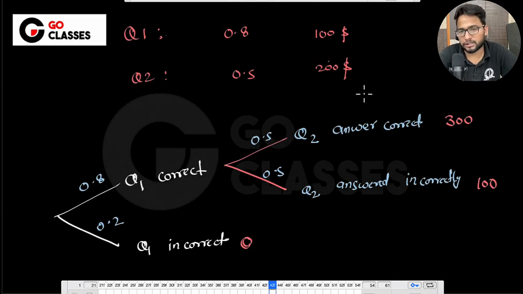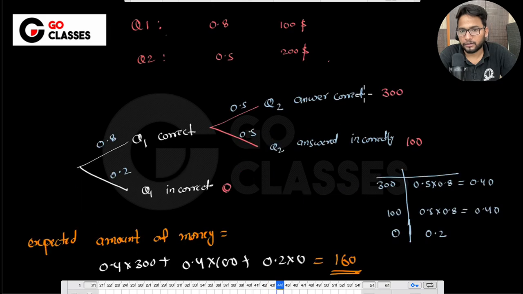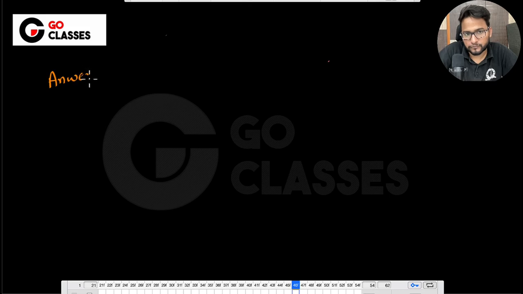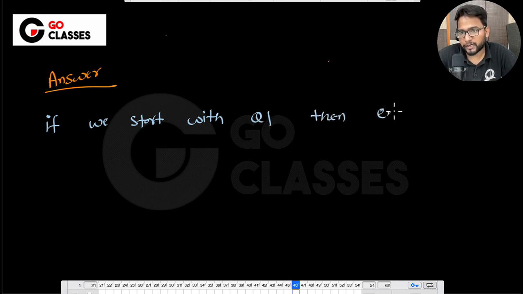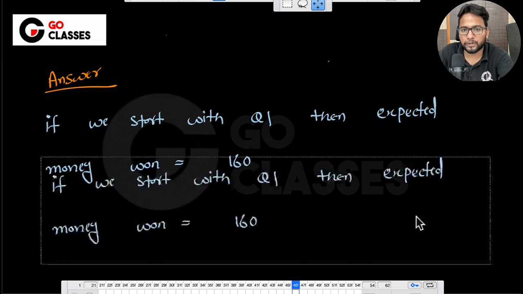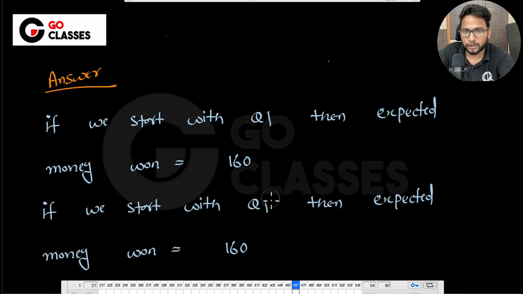So the answer is: if we start with question number 1, then the expected money won is 160. And similarly, if you start with question number 2, then the expected money won is 140.